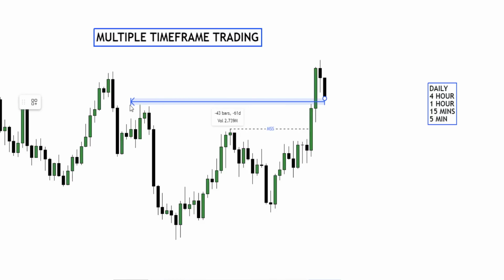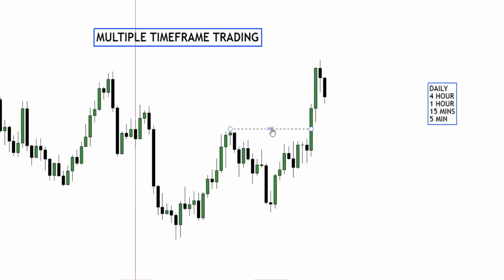What is happening around this 60 days of data? I could simply say my area of focus should be this entire area, 60 days. Just straightforward. I don't want you to complicate anything about trading. It's as straightforward as anything.